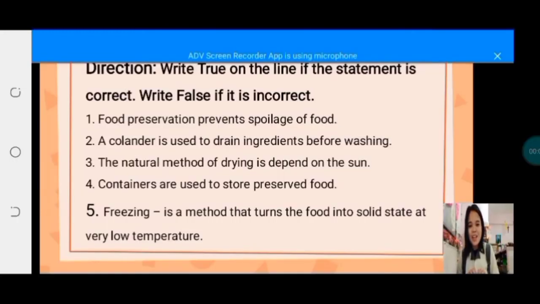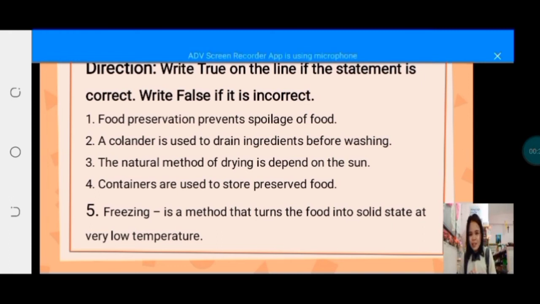Okay, class. What is food preservation? Anyone? Anyone, class? Food preservation is the process of treating and handling food to stop or slow down food spoilage, loss of quality or nutritional value, and allow for longer food storage. Okay, very good, class. So, what are the 2 types of drying procedure?